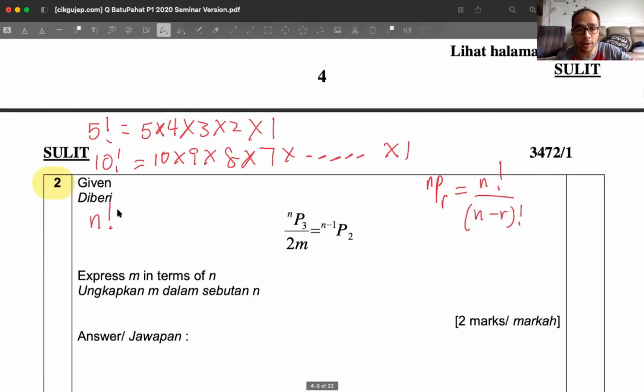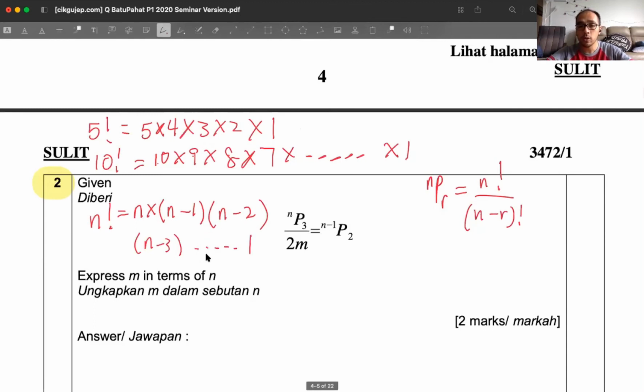So n factorial will actually be n times n minus 1 times n minus 2, times n minus 3, all the way until finally it will be 1. The last number is always 1.